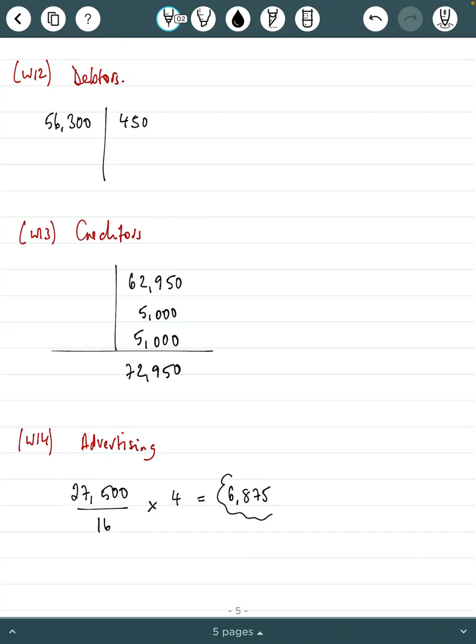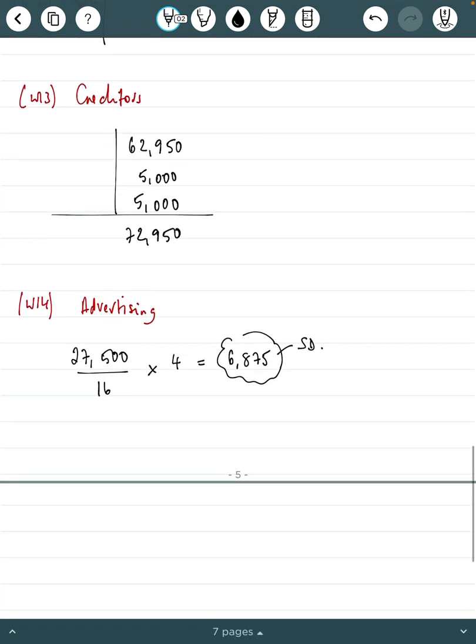So that's 6,875, okay, is the selling and distribution expense for this year. The 27,500 divided by 16, I can multiply by the remainder of 12 months, because I've used up 4. Or you can just have 27,500, subtract 6,875 from it, will give you the same answer, okay?